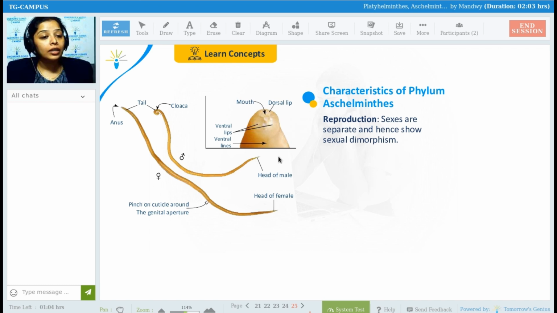After the internal fertilization, either direct or indirect development of the zygote takes place. Clear?